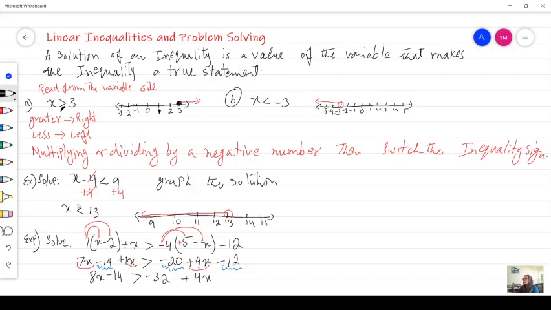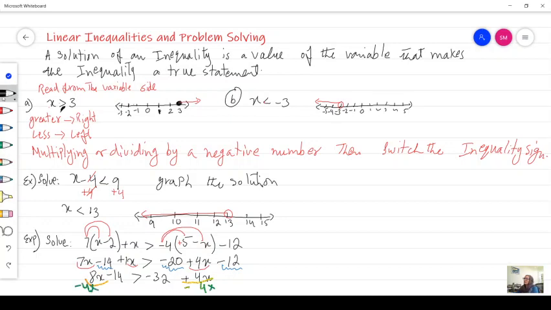Now, do I have more like terms? Yes, we do. Those are 8x and 4x. I don't have a choice because I have to move one of them to the other side of the inequality. Since I like my variables on the left side, I'm going to move the 4x, which means you subtract 4x.